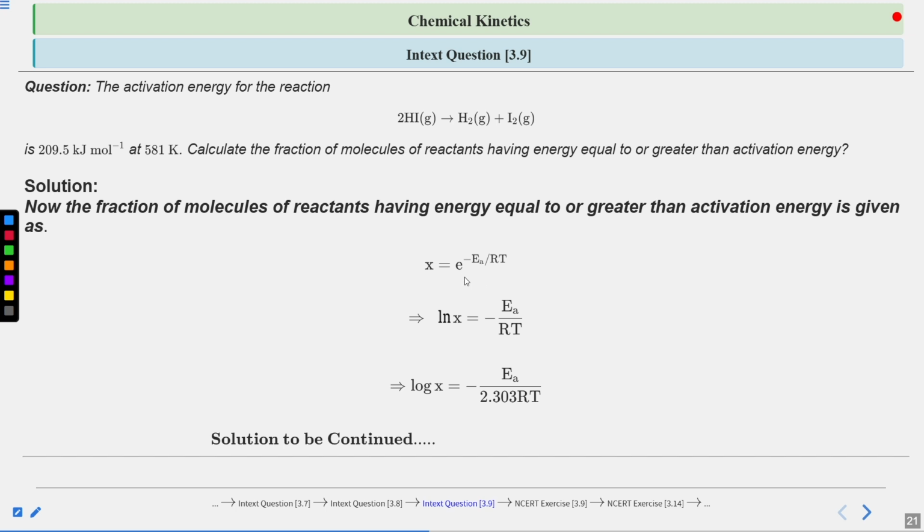When you have anything in the power of the log or the ln, it will come in the product. If you want to convert ln, or log base e, to log base 10, you have to multiply by 2.303. RT is already there. So log X is equal to minus Ea upon 2.303 RT.